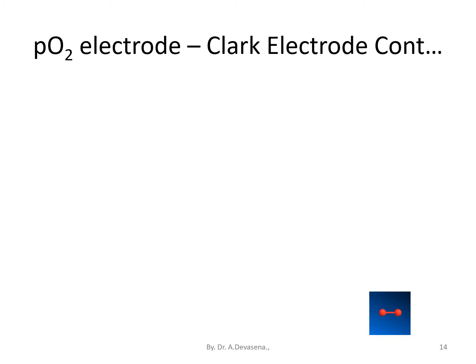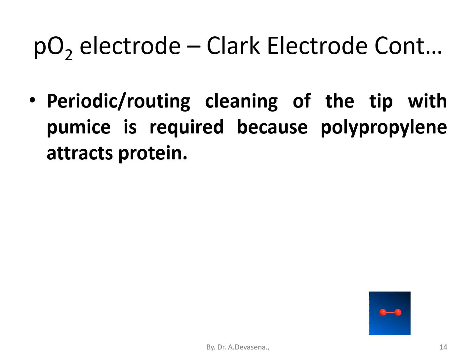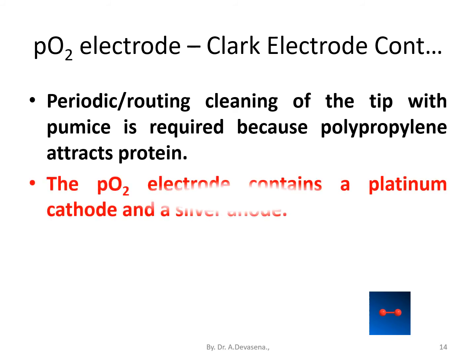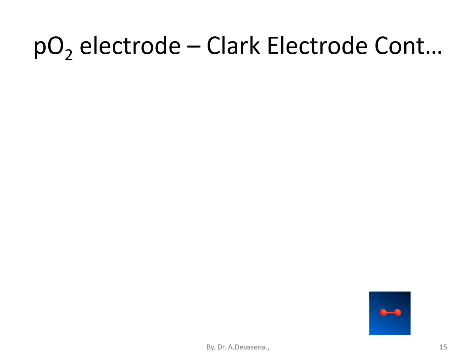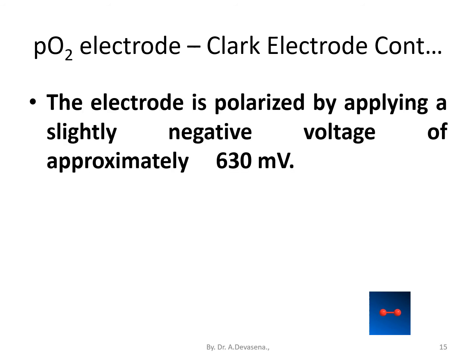Periodic or routine cleaning of the tip with pumice is required because polypropylene attracts protein. The partial pressure of oxygen electrode contains a platinum cathode and a silver anode. The electrode is polarized by applying a slightly negative voltage of approximately 630 millivolts.